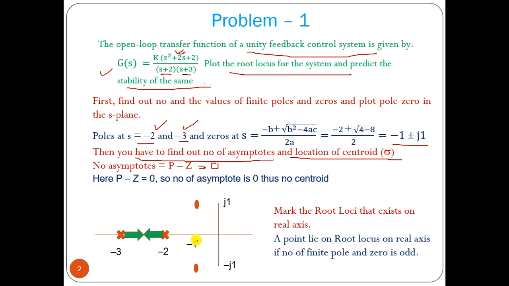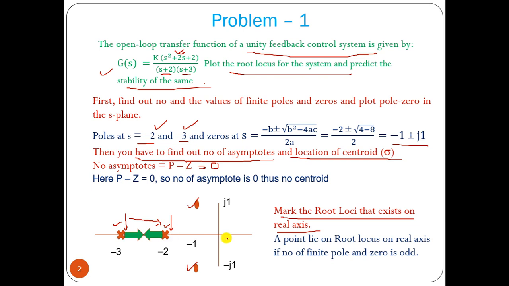Now we can plot that in the S plane. This is the location of the zero, and these two are the locations of the poles. Now we have to find the real axis segment, marking the root loci that exist on the real axis. On the real axis there is no pole or zero, and between these two we can see only one pole.